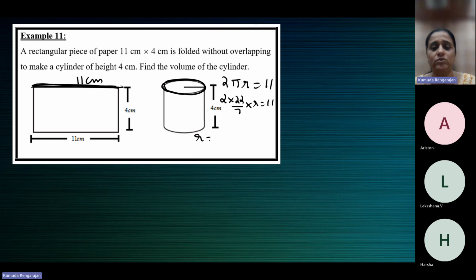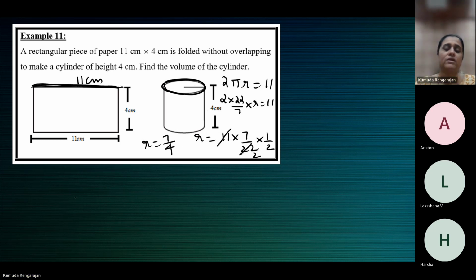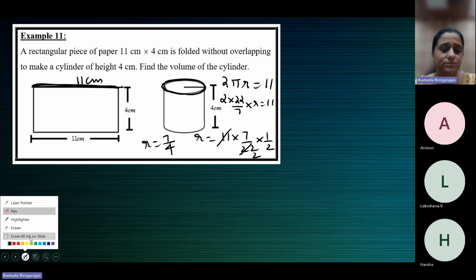So r is equal to 11 into 7 by 22 into 1 by 2. 11 ones are 11, 11 twos are 22. So r is equal to 7 by 4.